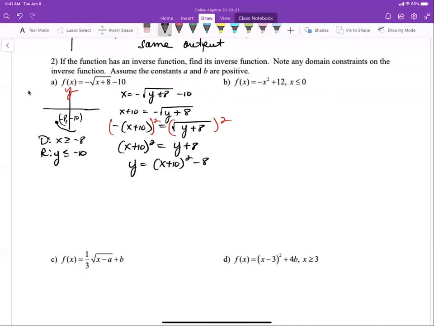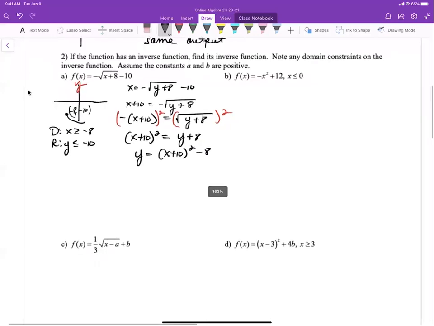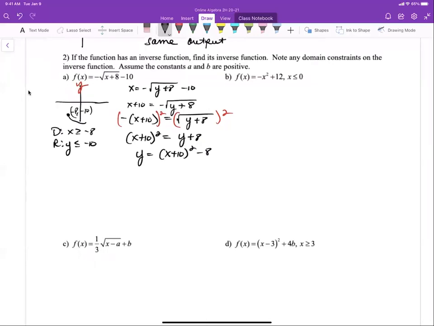Okay. That is the inverse function of x, and that is x plus 10 squared minus 8. That's the proper syntax. And we also have to note the domain constraints. The domain constraints were my previous range constraints. And so that will be x has to be less than or equal to -10.